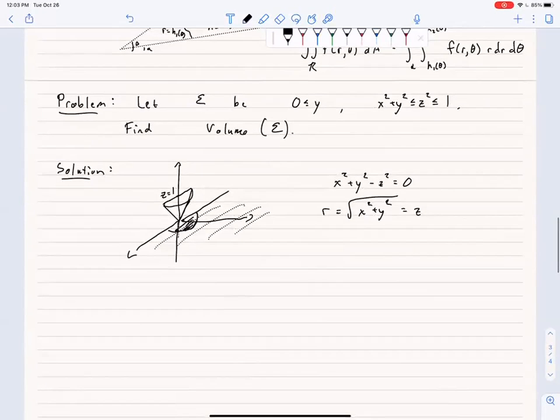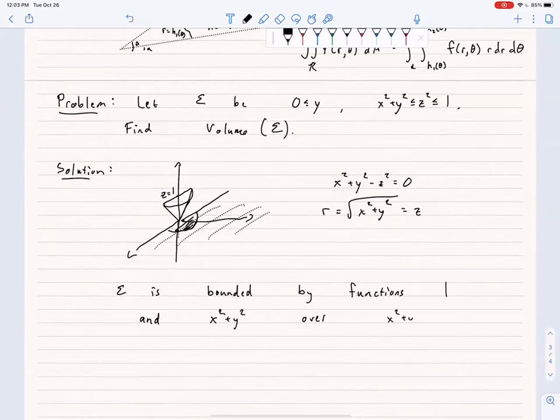So in the xy plane, E is bounded by functions 1 and x squared plus y squared over the region x squared plus y squared less than or equal to 1, and y is greater than or equal to 0.